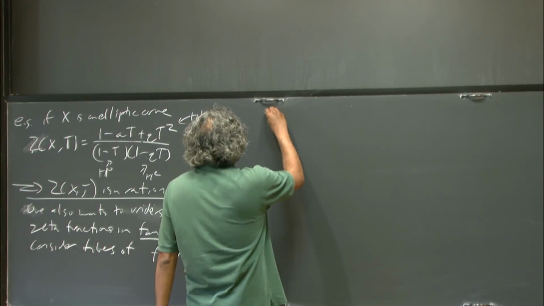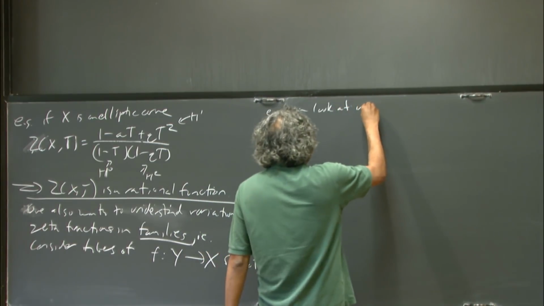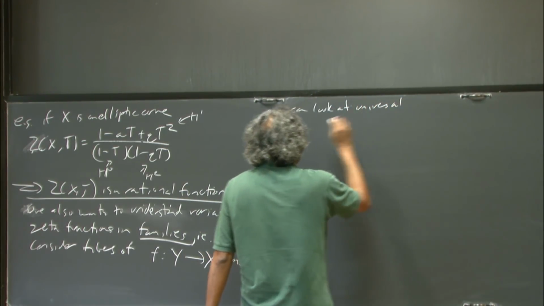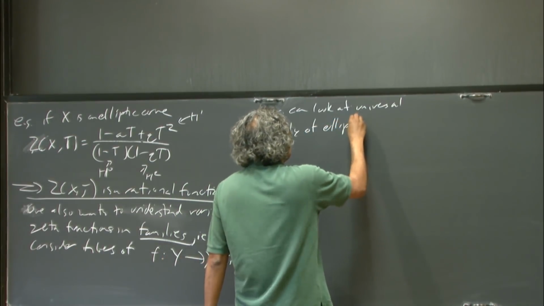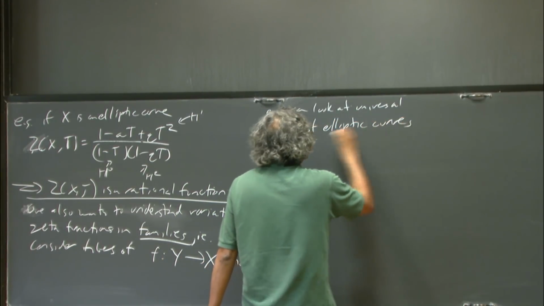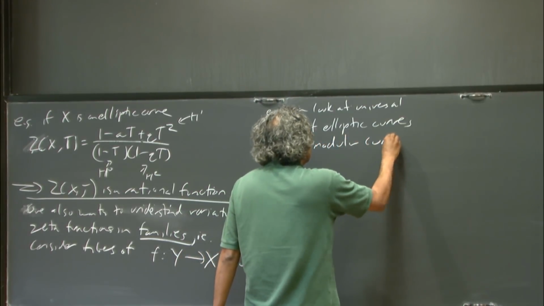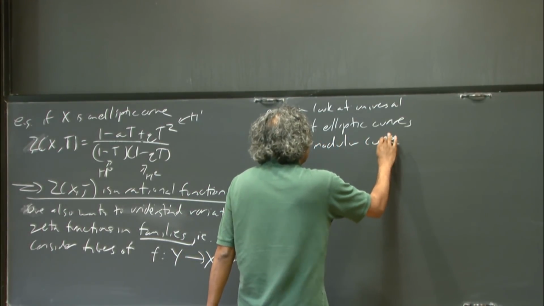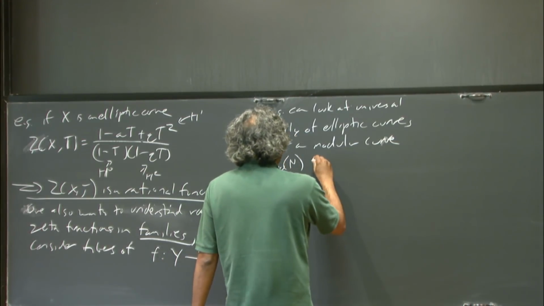So for example, you can look at the universal family of elliptic curves over a modular curve. Say like X(N) or X_0 or X_1, whatever, some modular curve.